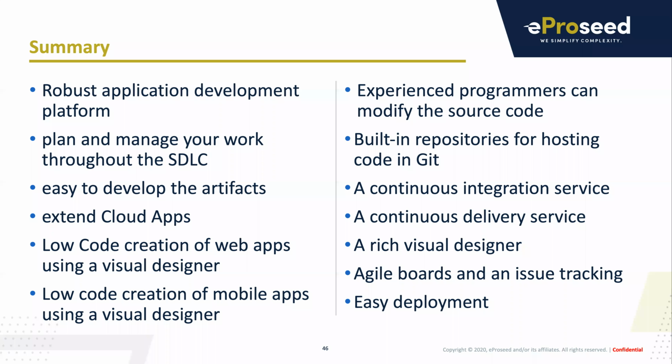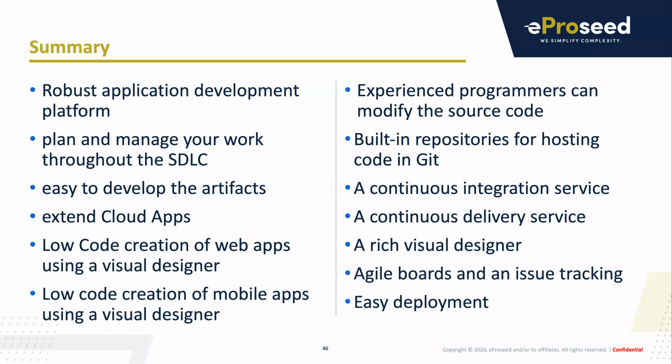So again, low code with Visual Designer for both mobile and web, or actually modify the source code by experienced programmers. There are provided repositories where you can host all the code in Git. So either you create an empty application, or you create an application based on a template, or you can import an existing application.